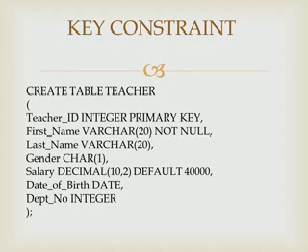The first name we have set as not null, so both the teacher ID as well as the first name are compulsory fields. For the last name, gender, and salary, by default it is 40,000, so the database will take it as 40,000. Date of birth and department number can be null values, but the teacher ID and first name will not be null values.